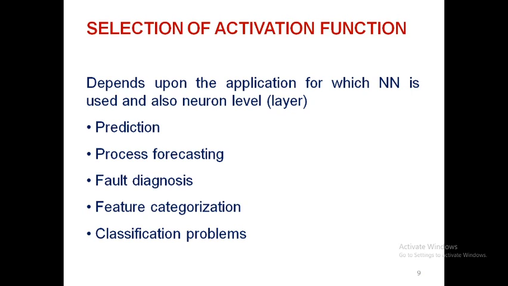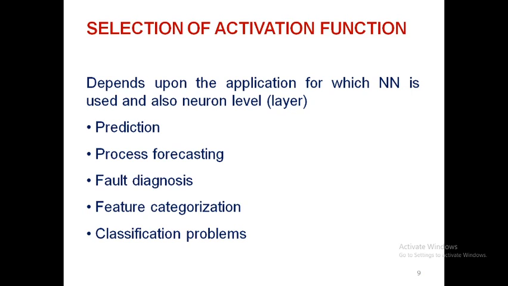So it depends on the application for which this ANN is used. Based on that, we have to select this activation function, and also based on the neuron level, how many layers, whether it is single layer or multi-layer. If it is multi-layer, how many hidden layers are there. So based on that also, these activation functions need to be selected.